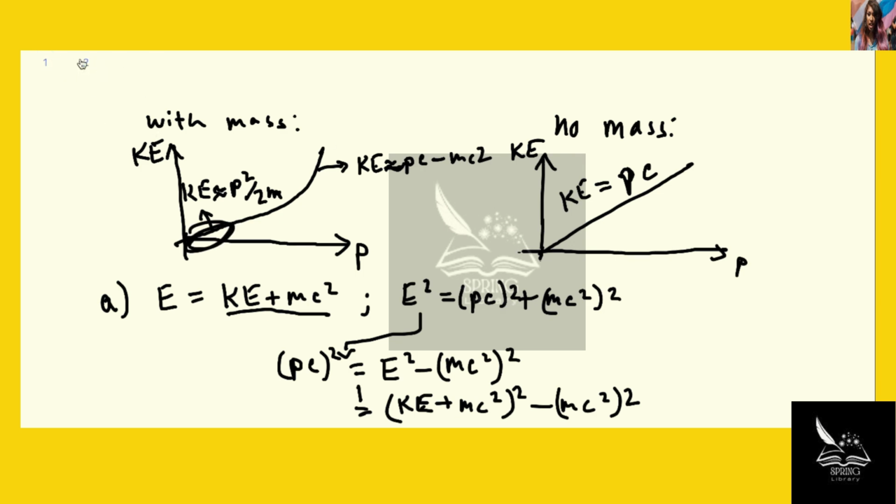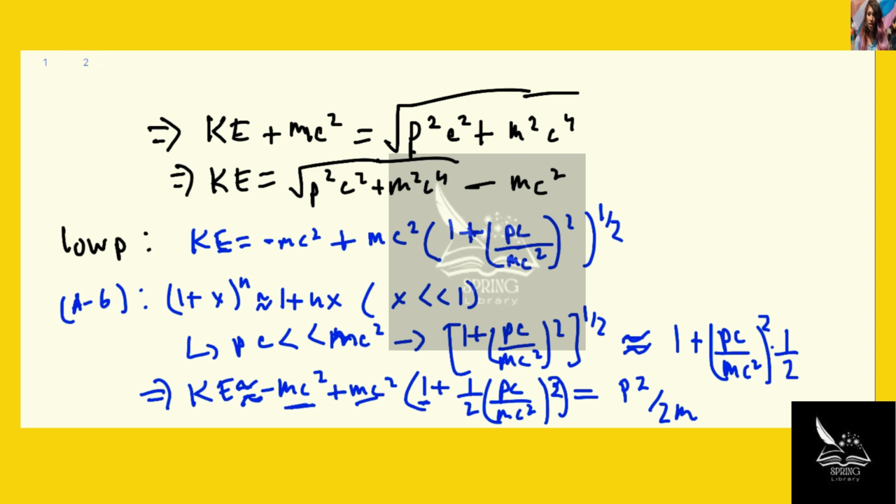And now for the high momentum regime. Let's use a different color here. For high momentum, you have that momentum energy is much greater than rest mass energy.